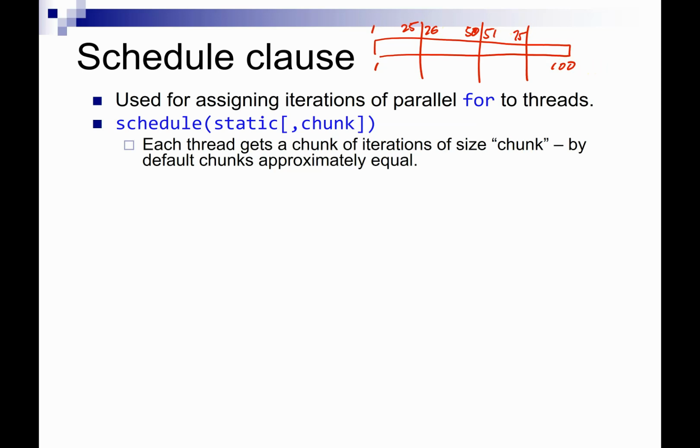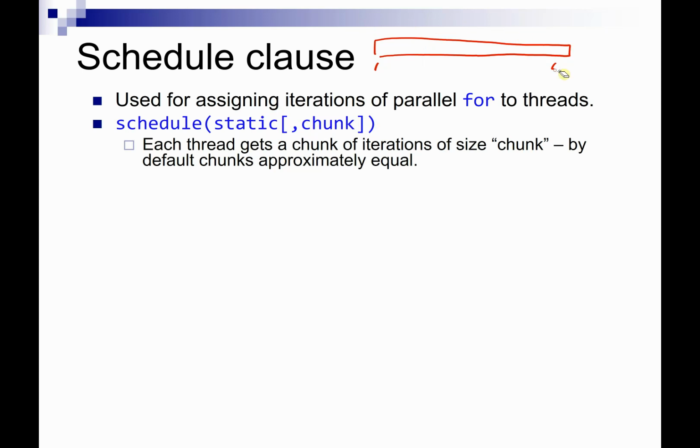If you can't break it exactly evenly, say it's 101 iterations, then one of these threads will get an extra iteration. Basically it's going to break it as evenly as possible if you just have schedule static without the chunk.